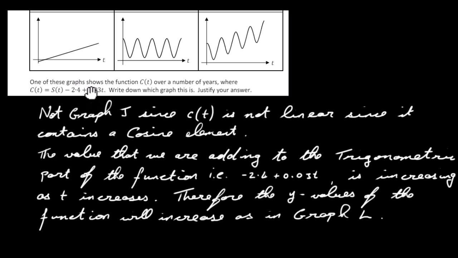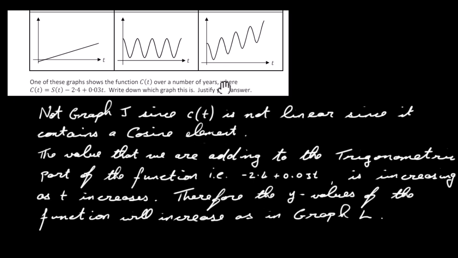Now this is going to vary, so as t increases, the y values, the C of t, are going to increase as well. So it's not just going to be a periodic function like this. The actual y values themselves will increase. So it's going to be this graph here.